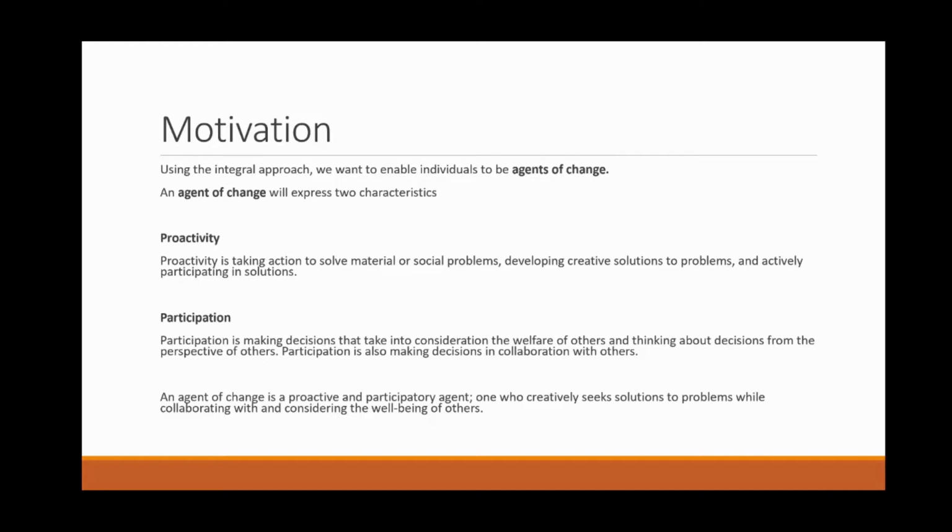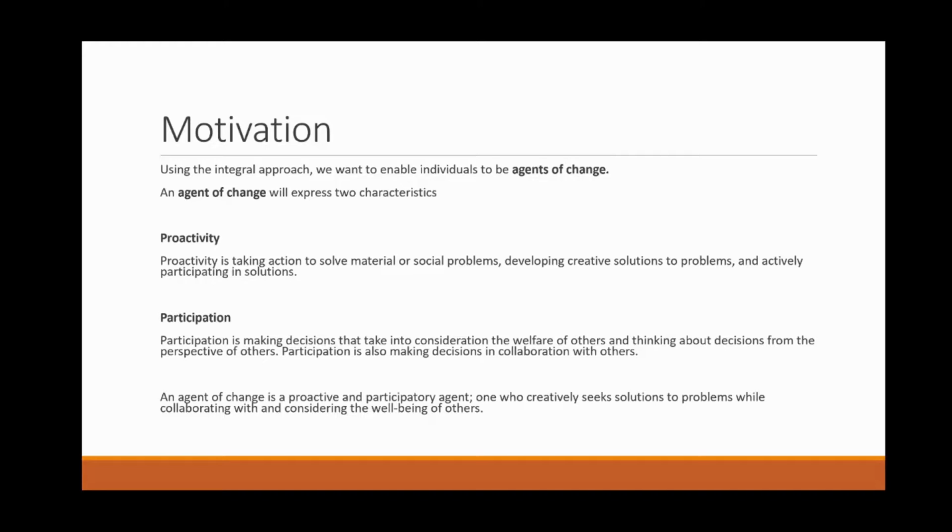A good intervention will help people to become more proactive, because when people are proactive, they are seeking to improve the well-being of themselves and those around them. They can take charge, and they can help to promote the sustainability of interventions that are intended to improve their well-being and the well-being of those around them. So that's proactivity. An agent of change is proactive.